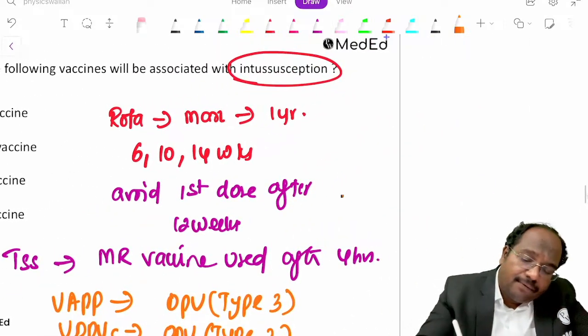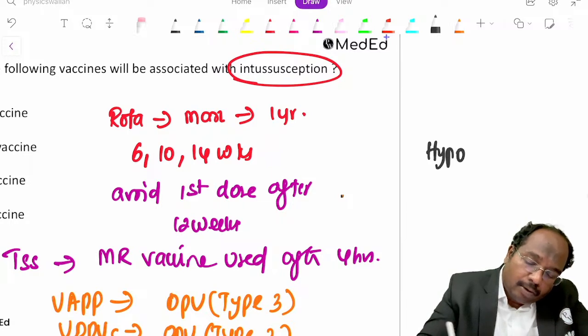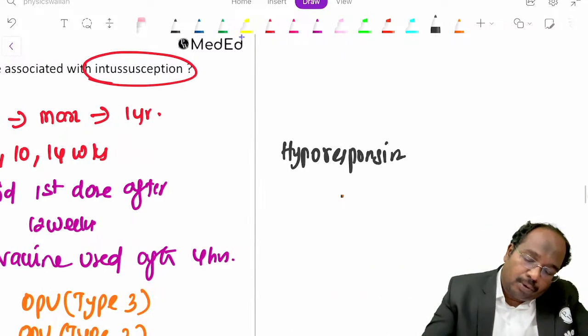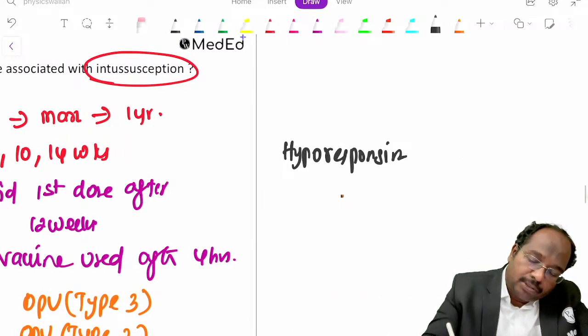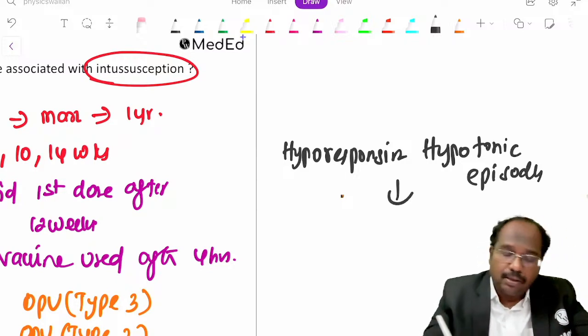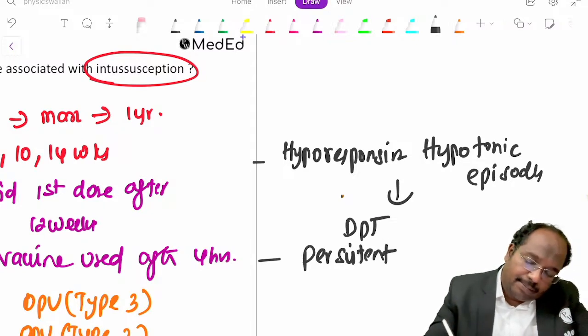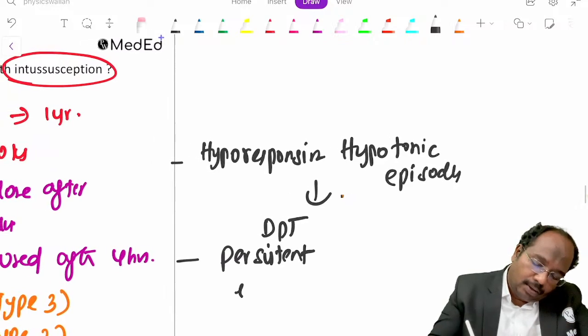And what else do we have? Hypotonic hyporesponsive episodes. This is associated with DPT. Persistent inconsolable screaming: babies keep on crying.